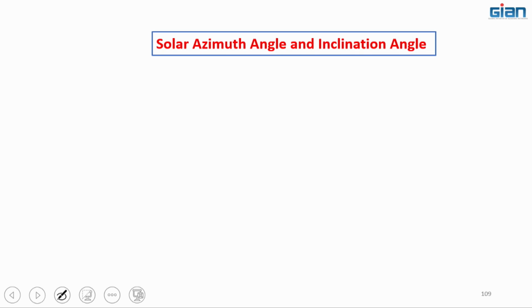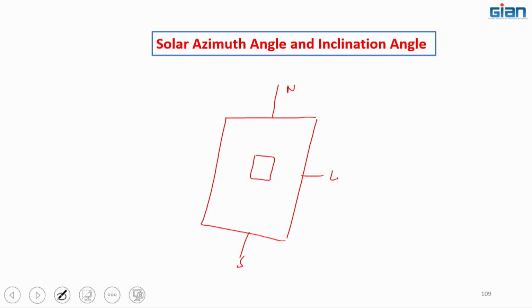Say I consider a horizontal surface here, and this is north, this is south, this is east, and this is west. The sun is here, solar radiation is falling here, and this is the normal to the horizontal surface. This angle is your zenith angle.